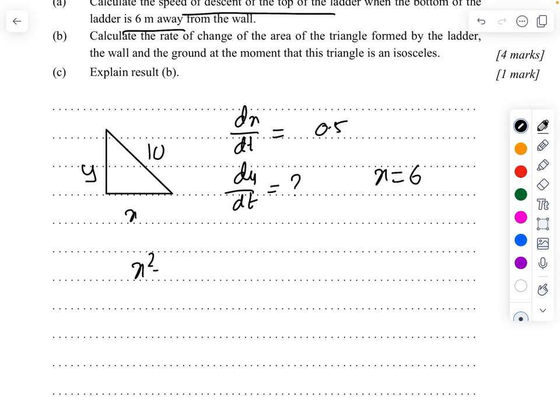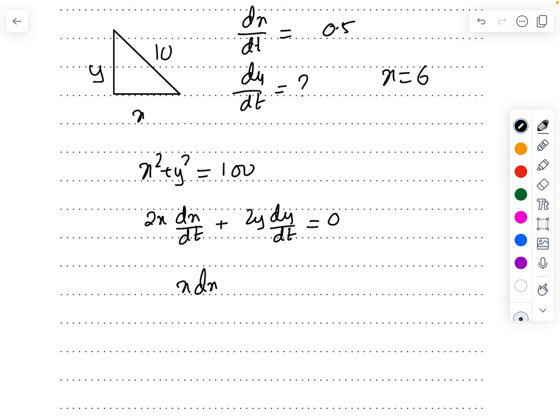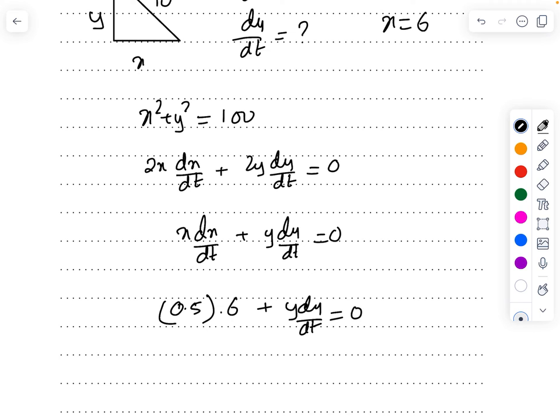So we know that it follows Pythagoras theorem, x² + y² = 100. So 2x dx/dt + 2y dy/dt = 0. So x dx/dt + y dy/dt = 0. So 0.5 times x, x was 6, plus y dy/dt = 0.